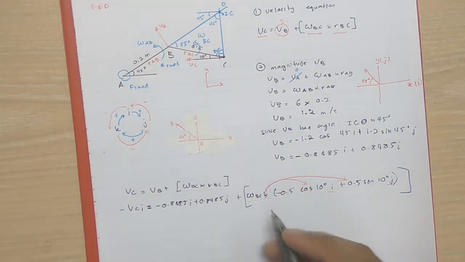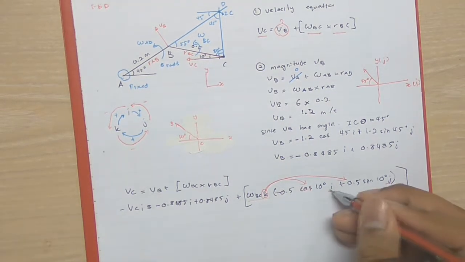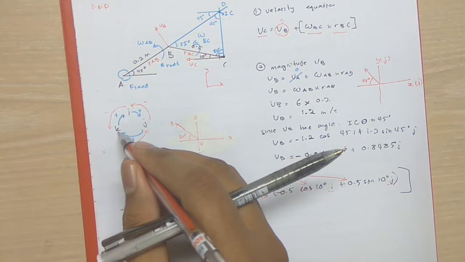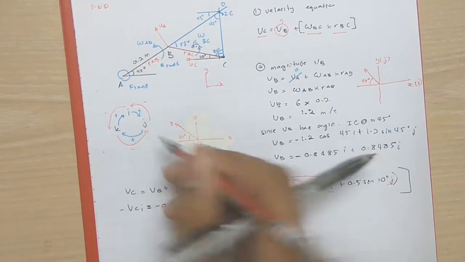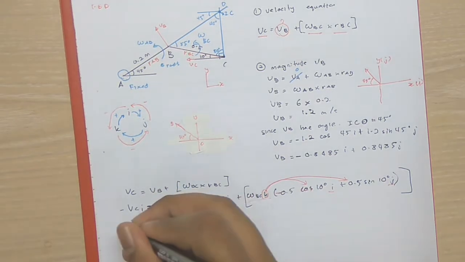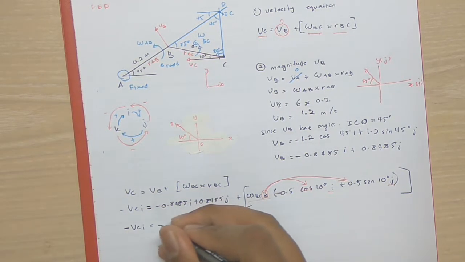So from here you see this one is omega BC k. K here will multiply with I, so K multiply with I, so we will get positive J. So wait, I just write again the equation here, the answer here.